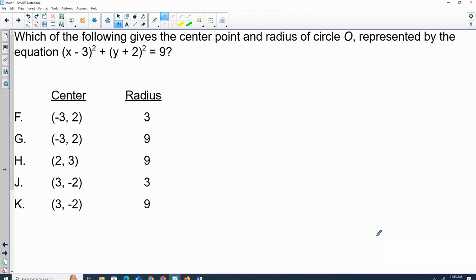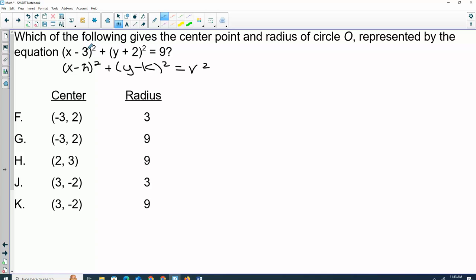Okay, let's look at a circle question. Most of the circle questions on the ACT are going to be like this. Do you recognize what this formula is? It's always x minus h squared plus y minus k squared equals r squared.